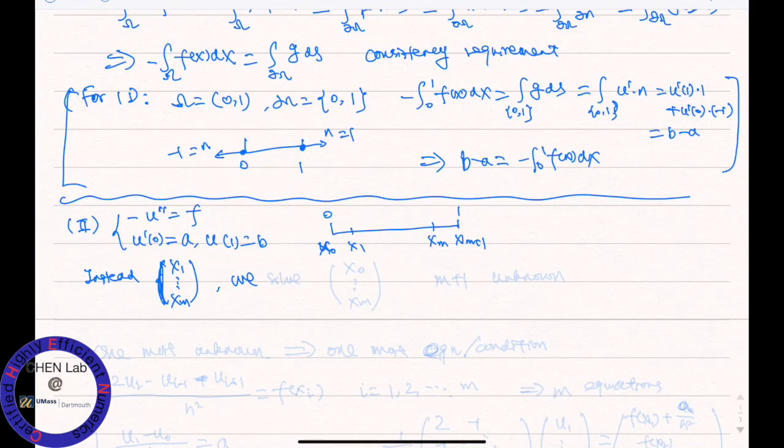Instead of that, now we solve x0 as well, because we don't know the value at x0. So we solve one more unknown, which means that we need one more equation, one more condition.